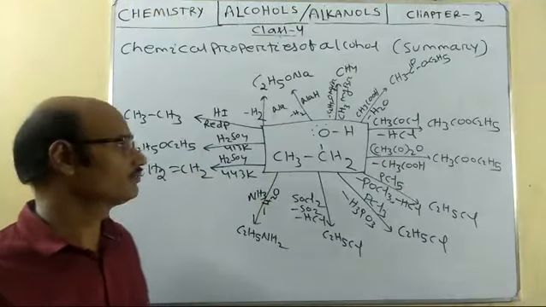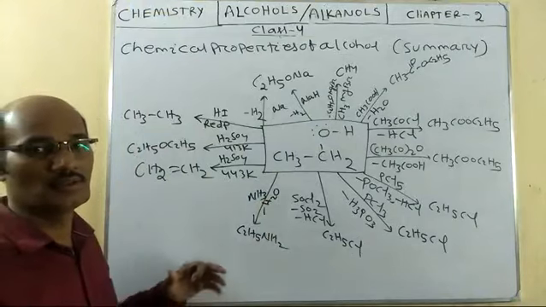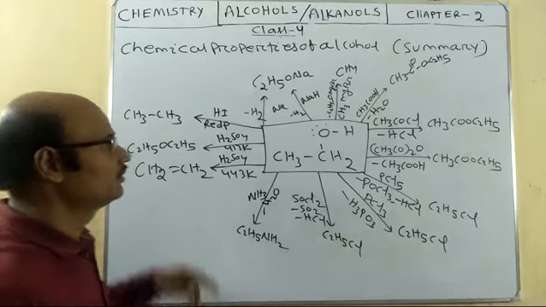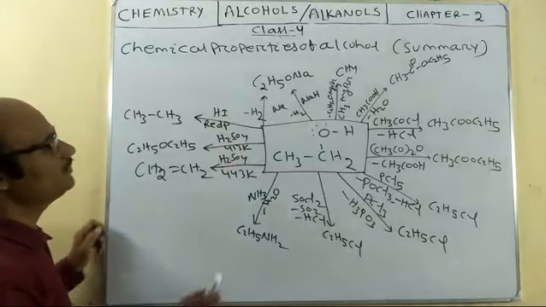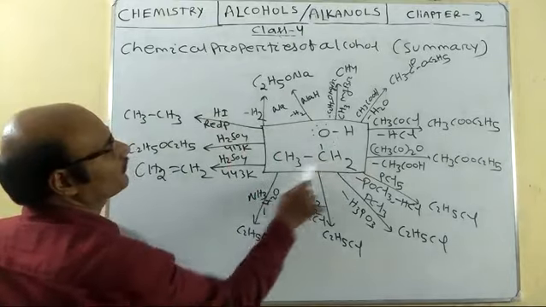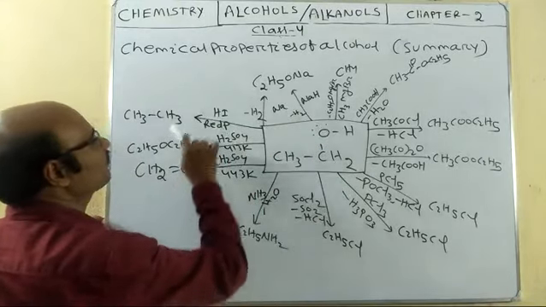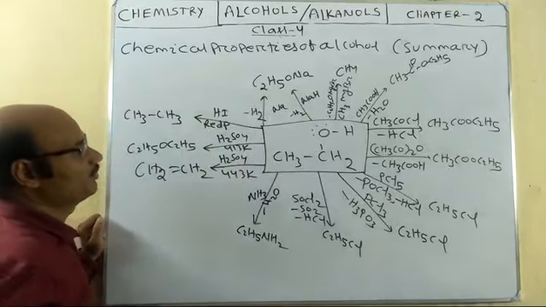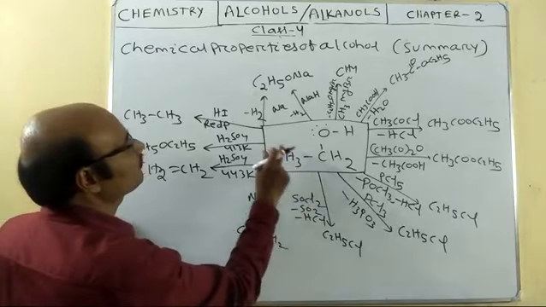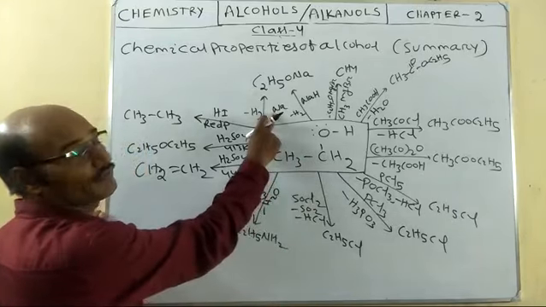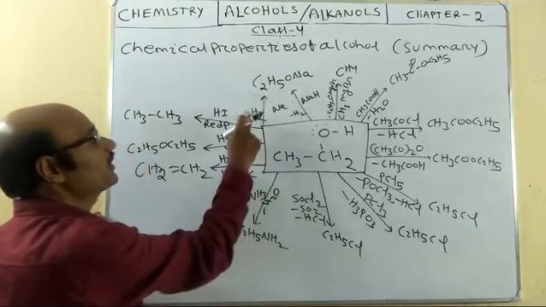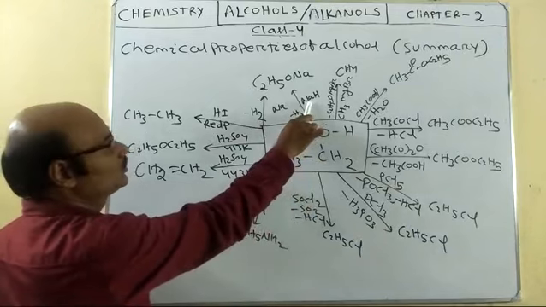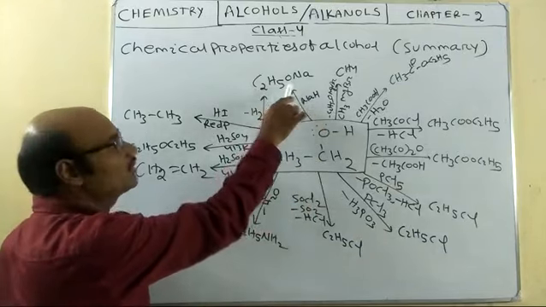Properties of alcohol. What we have discussed are the chemical properties of alcohol. This is the summary. Ethyl alcohol gives different products with different reactions. Ethyl alcohol reacts with sodium to give sodium ethoxide with liberation of hydrogen gas.